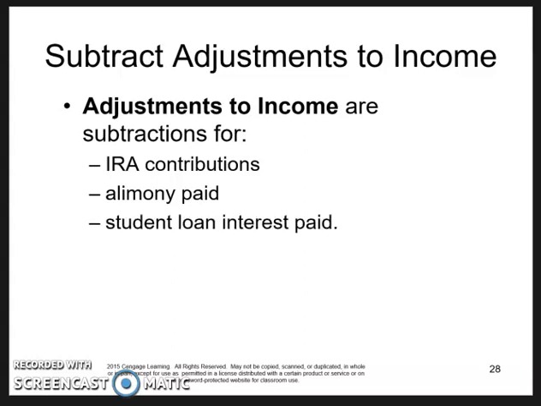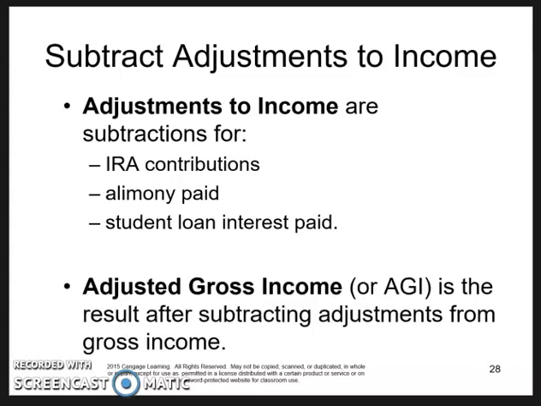Student loan interest paid is obviously an important one for you guys. After we take out adjustments to income, we end up with an adjusted gross income, also referred to as AGI. That's what we get after we subtract adjustments from gross income.